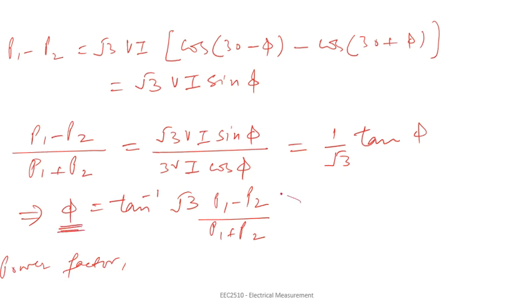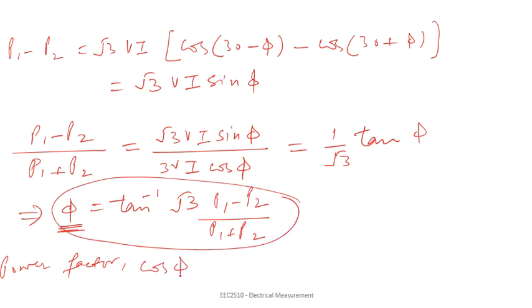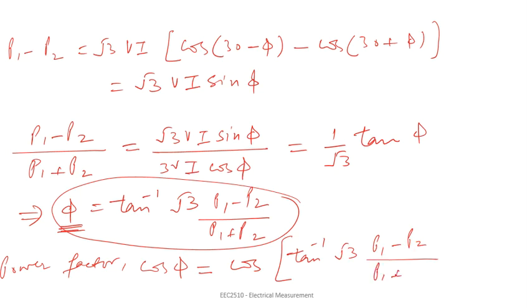So phi can be calculated by using this relation. So cos phi will be nothing but the cos of this whole expression, so this will be cos of tan inverse of root 3 times P1 minus P2 over P1 plus P2.